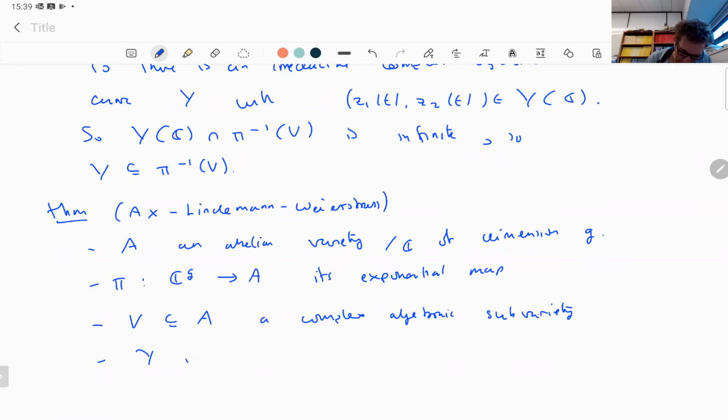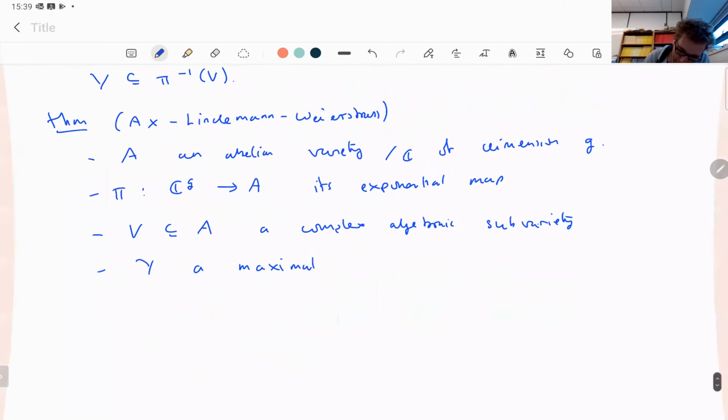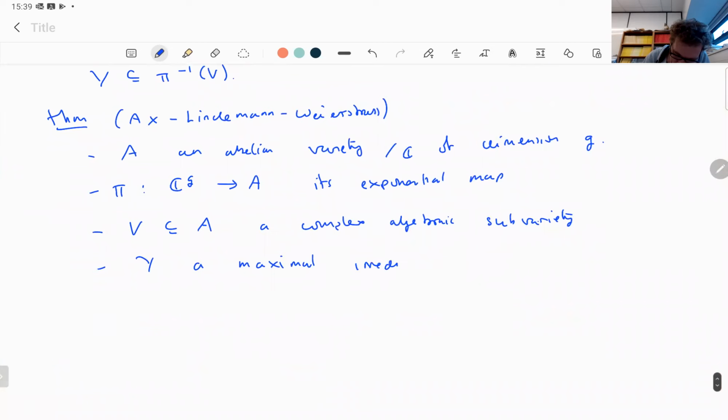And Y is a maximal irreducible complex algebraic subvariety of the pre-image.